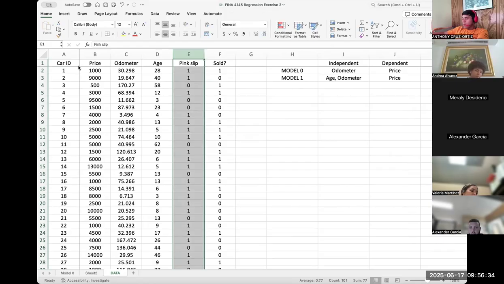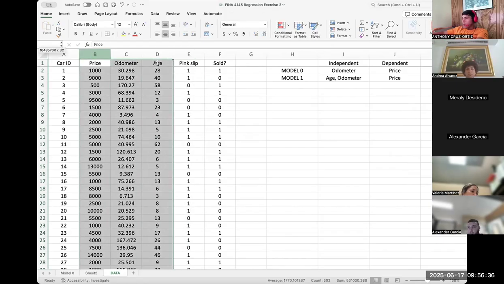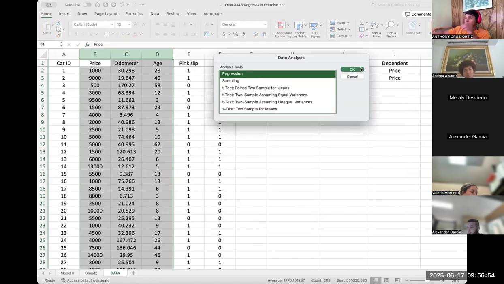All right, so let's model price, odometer, and age. Let's talk about the results and go from there. If I do it like this, is it going to work? Tools, Data Analysis, Regression.